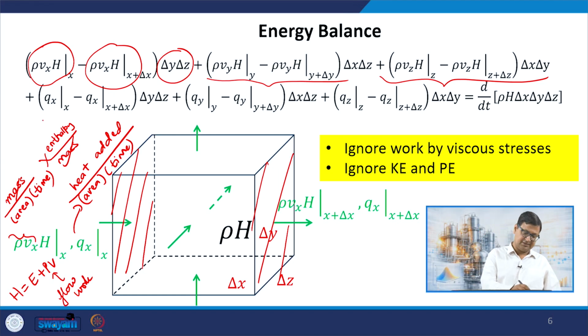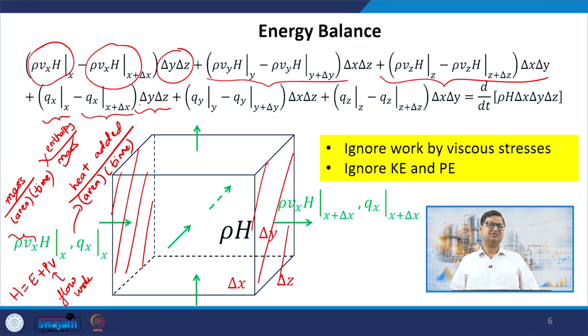So, qx at x into delta y delta z gives me the heat input at x, and then I subtract the heat output at x plus delta x. And similarly, I can do for the y direction and I can do for the z direction.